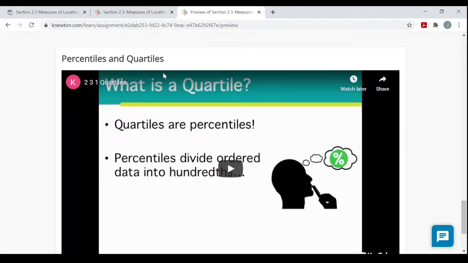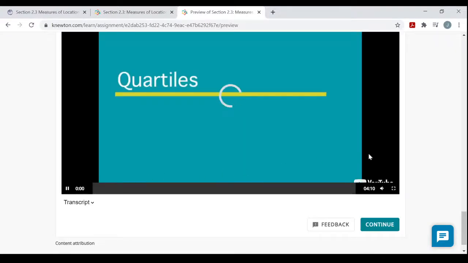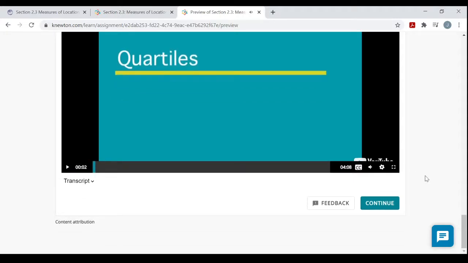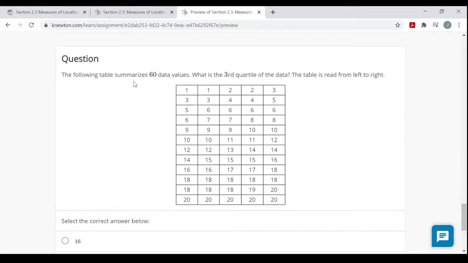And then they talk about quartiles here, just bringing it up to you that quartile means every 25th percentile. So just do the same thing I just did, but instead of 80, it's going to be 25, 50, or 75. So I continue on here.